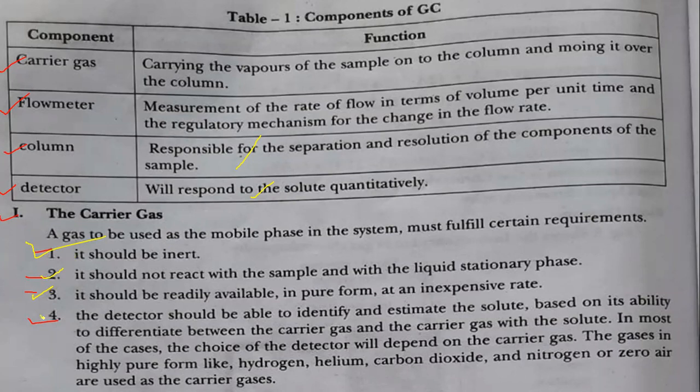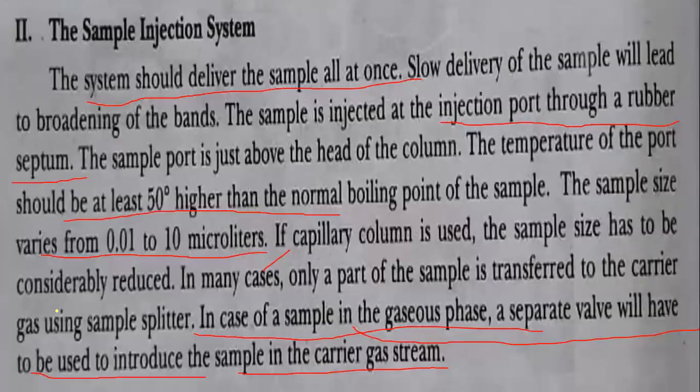Okay, the detector should be able to distinguish between the carrier gas and the solute molecules. Okay, this is also very important. So hydrogen, helium, carbon dioxide, nitrogen are the gases used as carrier gases.